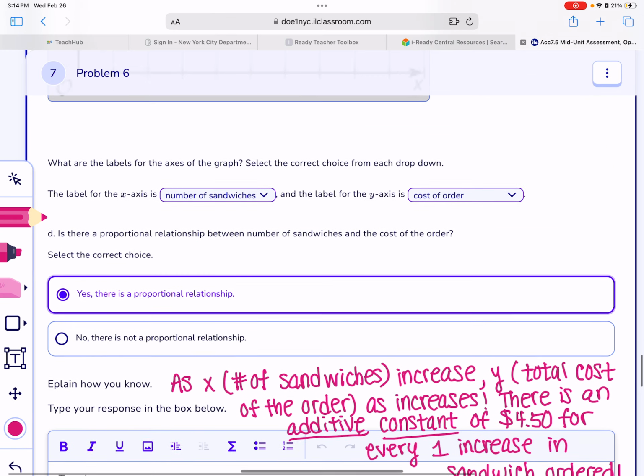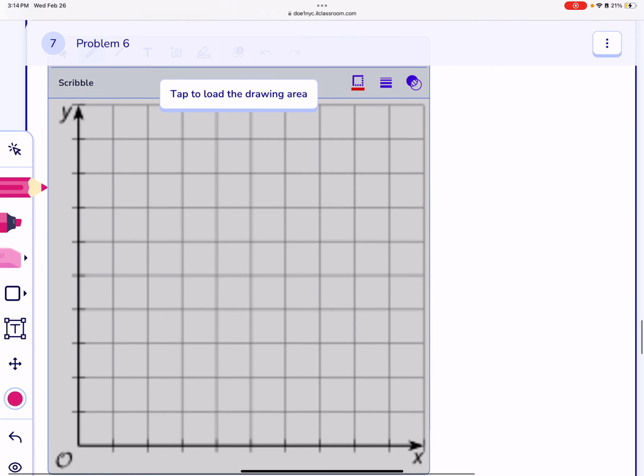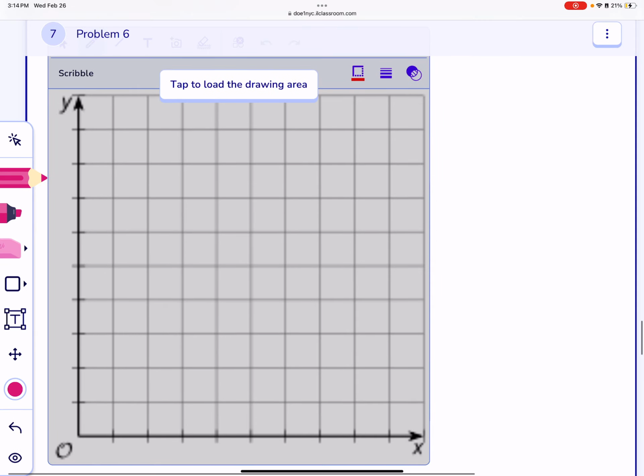Now we're going to graph it on the same grid. And if you remember, I had written the x-axis as increasing by 1 every single time. And for the y-axis, I was increasing by 2 every single tick mark.